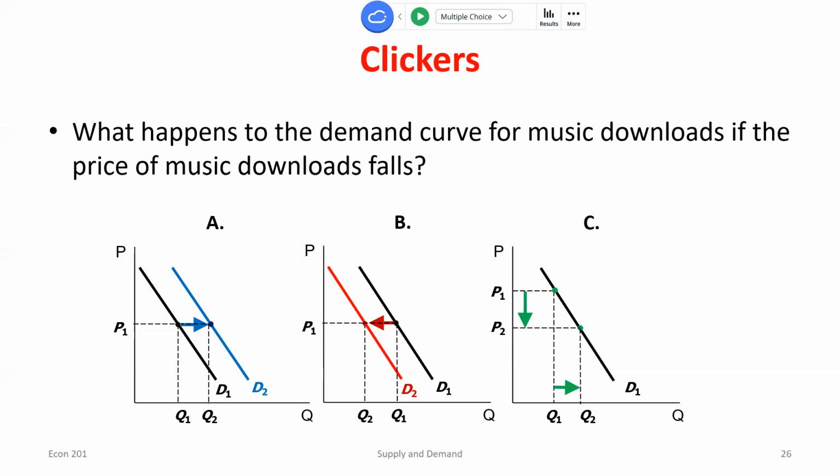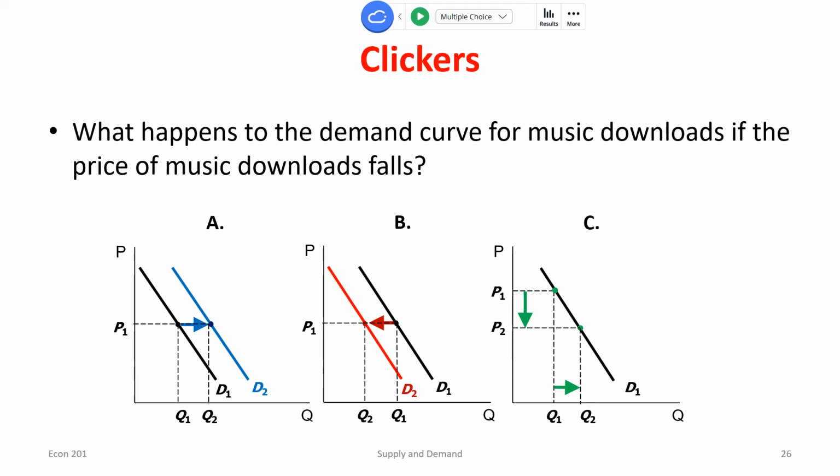Demand is the relationship between the quantity purchased of that good and the price of that good. So if the price of a good changes, we don't have any shifts in demand. We're just moving to a different point on that demand curve, right? That demand curve tells us the relationship between price and the quantity of that good.